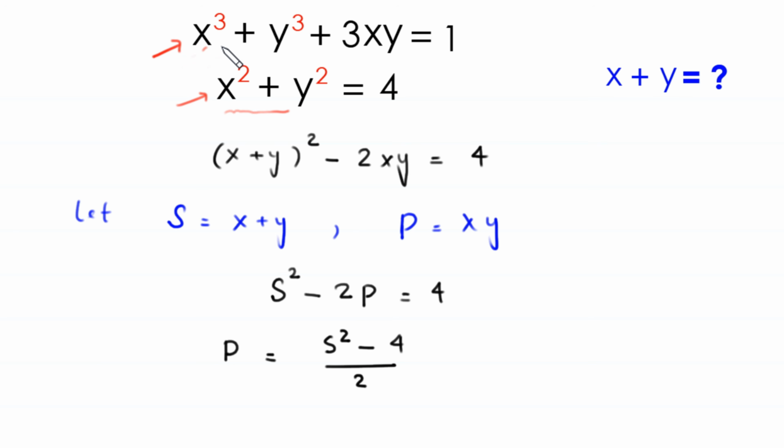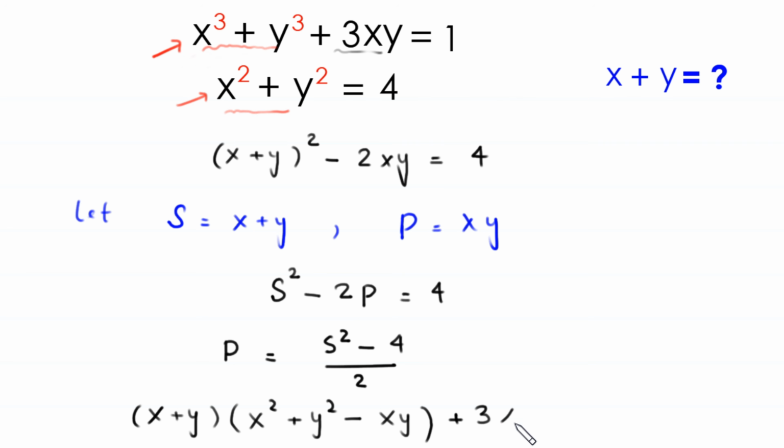Now from this first equation, this x cubed plus y cubed can be factorized as x plus y times x squared plus y squared minus xy, and this remaining plus 3xy equal to 1.